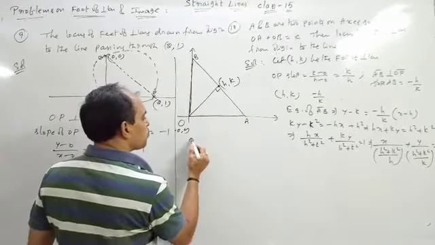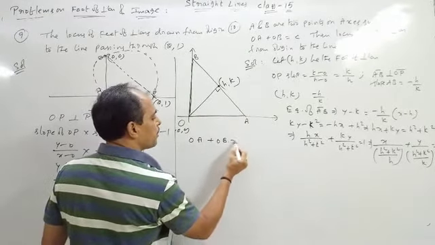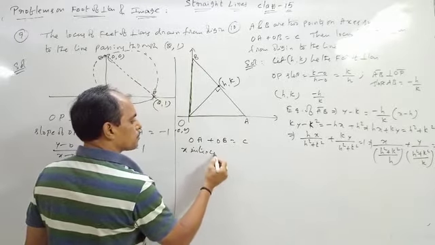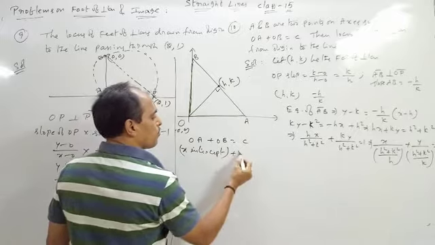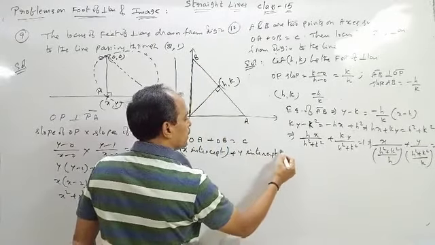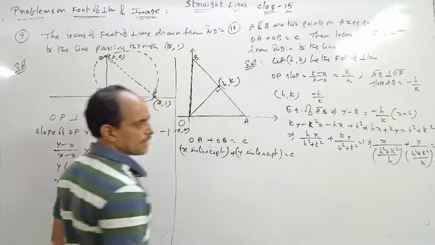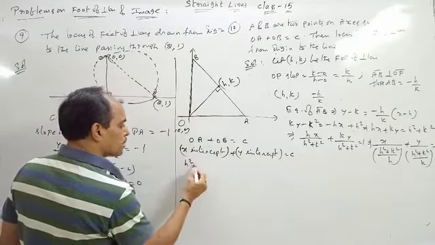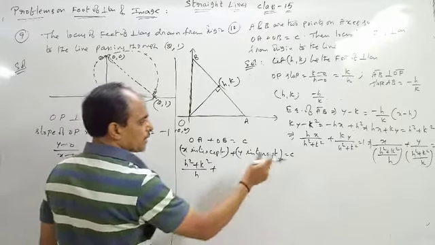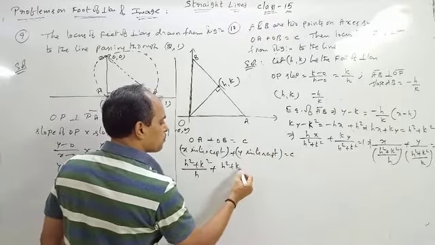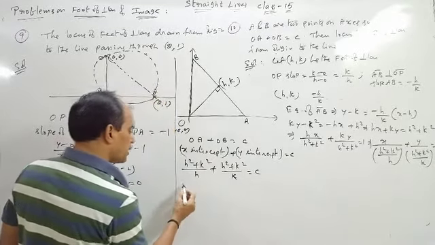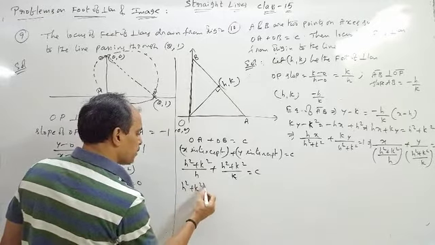OA plus OB is equal to C. That is given. OA means x-intercept plus OB means y-intercept is equal to C. What is the x-intercept here? h square plus k square by h, plus the y-intercept, h square plus k square by k, is equal to C. Now take h square plus k square as common.